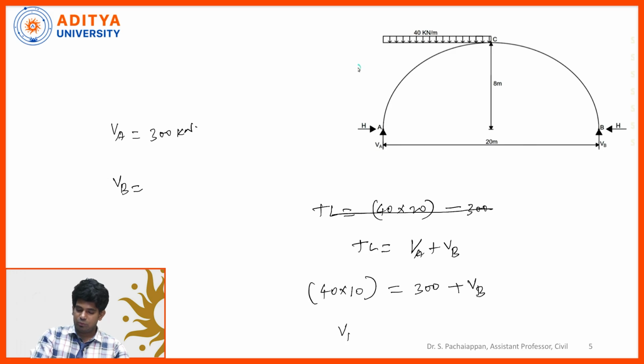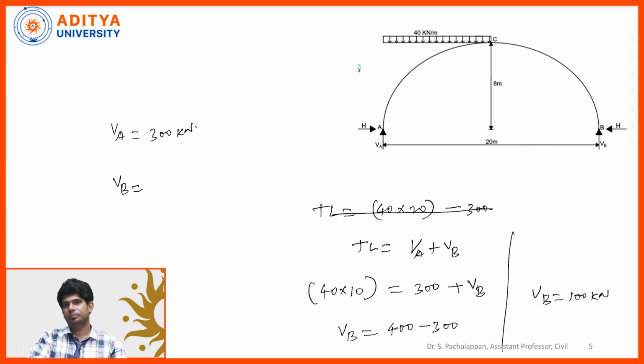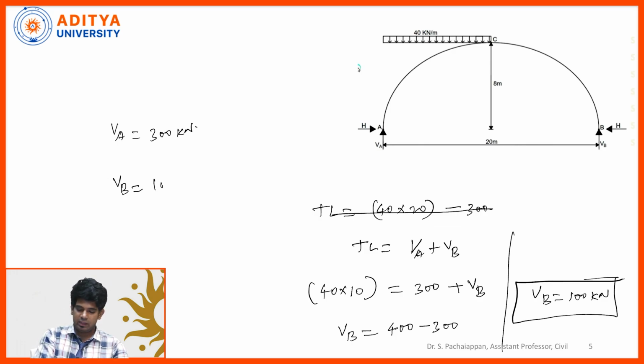So, VB is equal to 400 minus 300, which gives VB equal to 100 kilonewton.